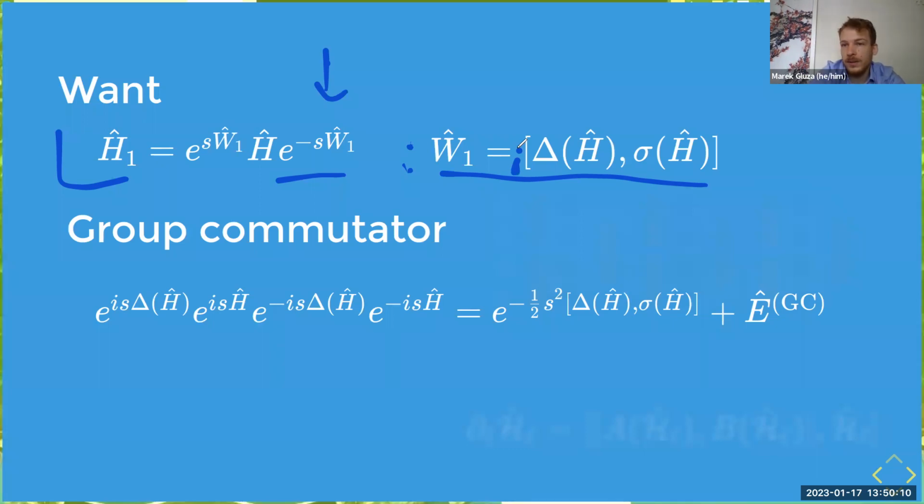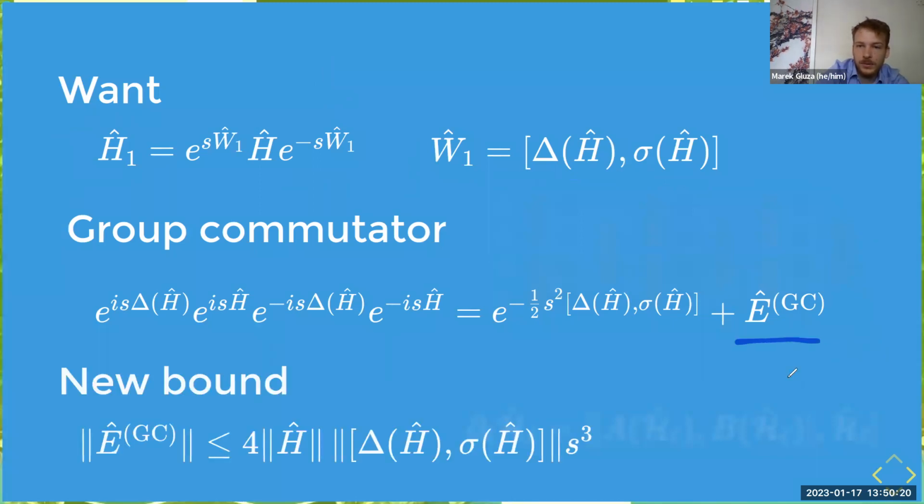And to evolve under such a bracket, we need to use this group commutator that you know from Solovay-Kitaev compiling. And in the paper, I'm proving new bounds on the error here, and that error, interestingly, again depends on the canonical bracket.